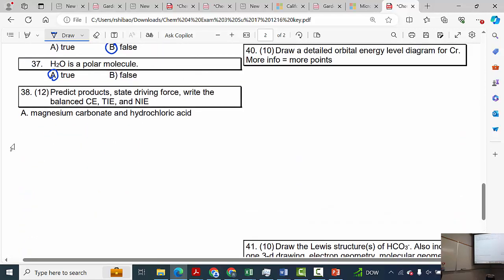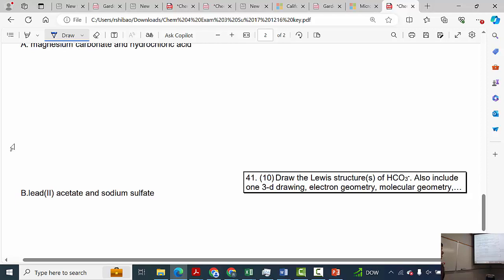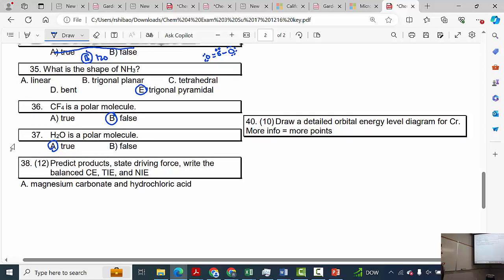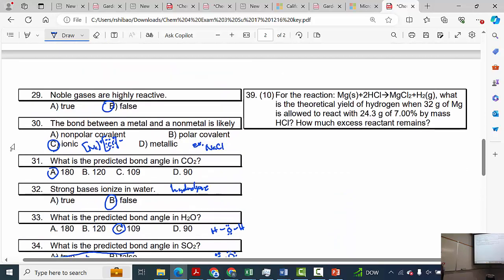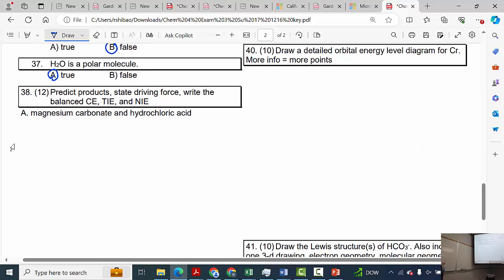All right, this was summer, and so there's some stuff that was combined in this. Chapter 14. No, this is earlier. Chemical reactions: magnesium carbonate, hydrochloric acid, lead 2 acetate, and sodium sulfate. I'm not going to put these on.